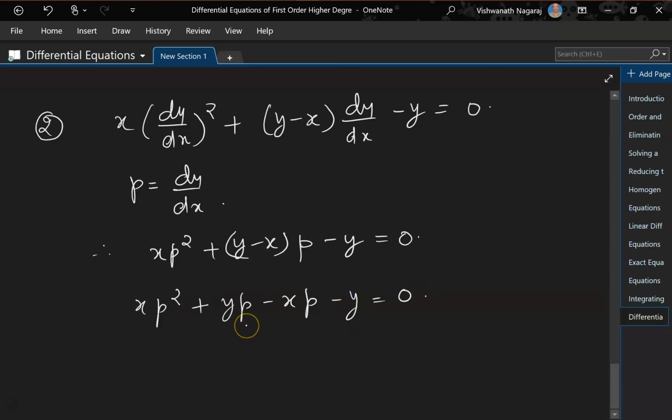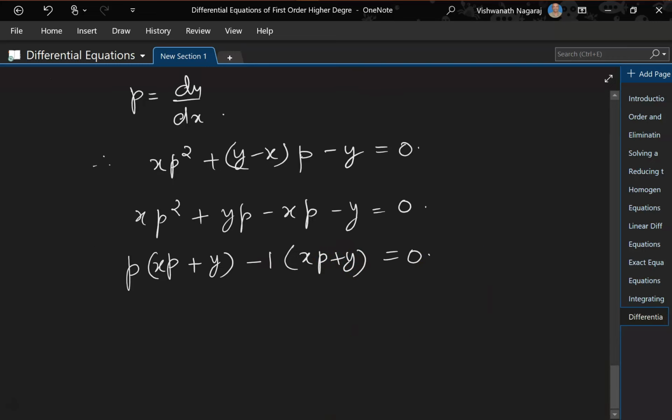So let's group them and take out common. Here p is common, so p plus y. x is also there, so x p plus y minus x p plus y is equal to 0. So here it will be 1. p minus 1 times xp plus y is equal to 0.